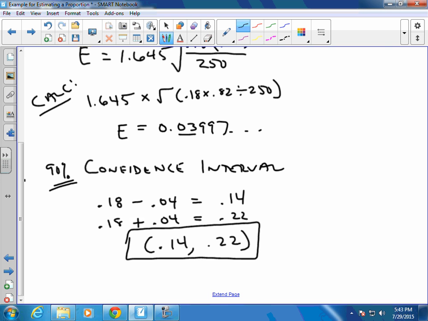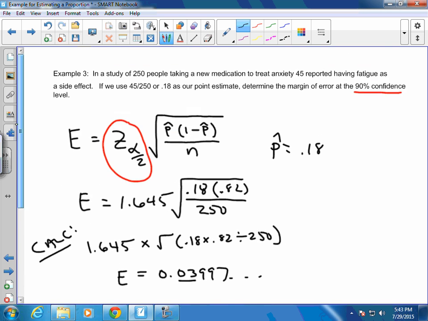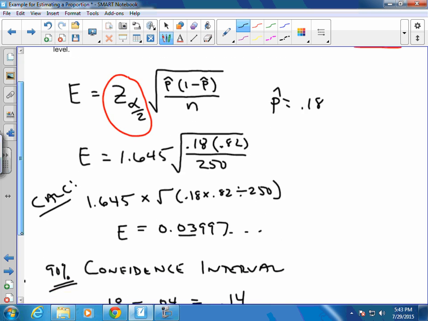So before we get into the full examples, in this particular case, this was talking about the percentage of people feeling a particular side effect, fatigue.